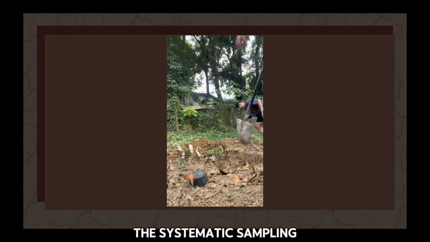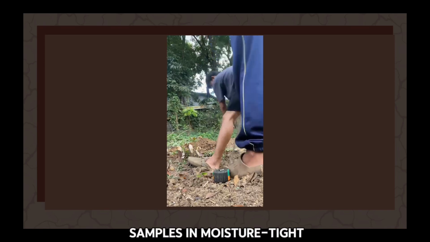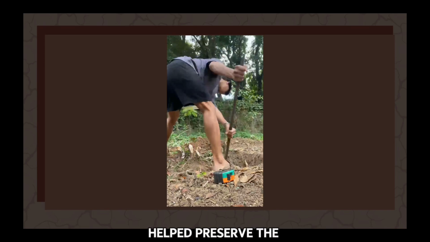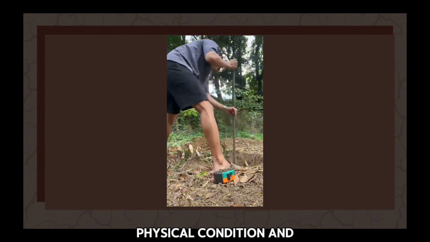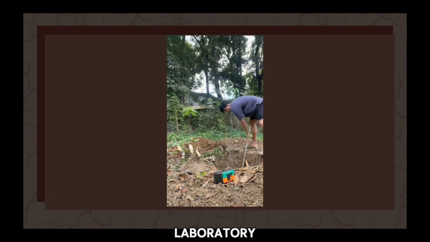The systematic sampling procedure, together with the proper sealing of samples in moisture-tight containers, helped preserve the physical condition and integrity of the soil for future laboratory testing.